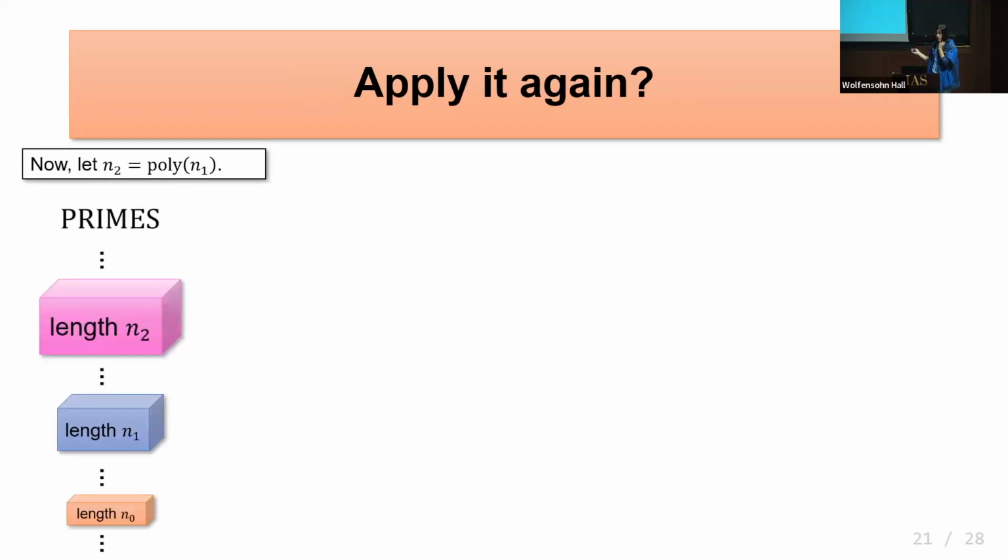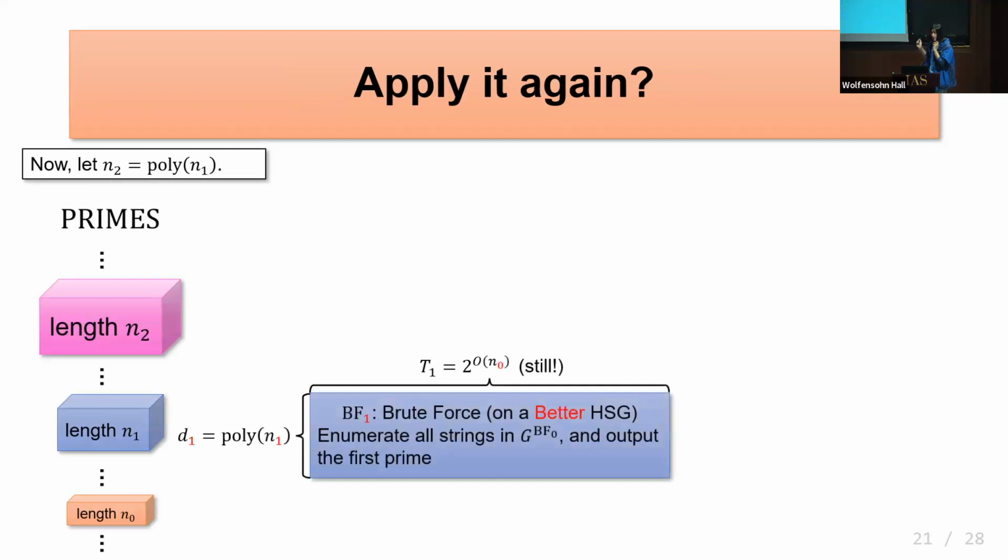Now let's invoke a third input length. Let's call it N2. And let's consider the brute force algorithm on input length N1 that tries to construct a prime on length N1. Crucially, this is not the real brute force algorithm of 2 to N1 time. This is the brute force on the smaller hitting set generator on 2 to N0 time.